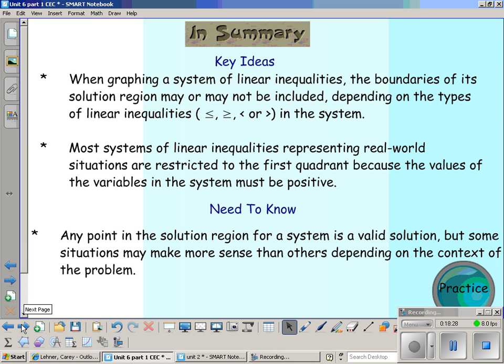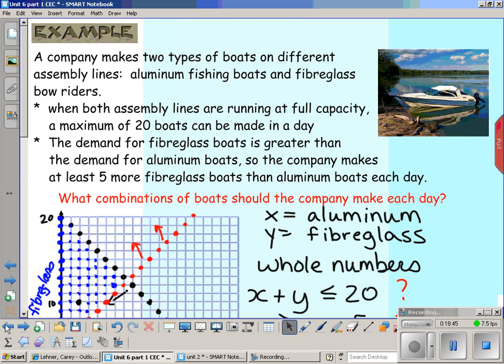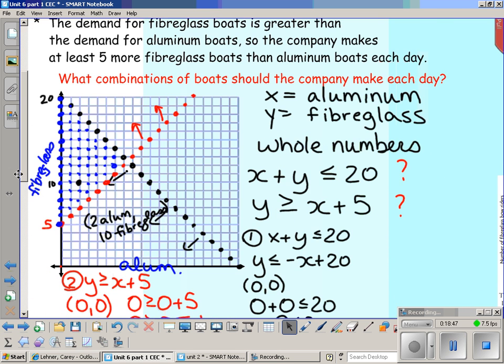So key ideas. When graphing a system of linear inequalities, the boundaries of the solution region may or may not be included, depending on the types of linear inequalities. So in the first example there, we were just stippling.